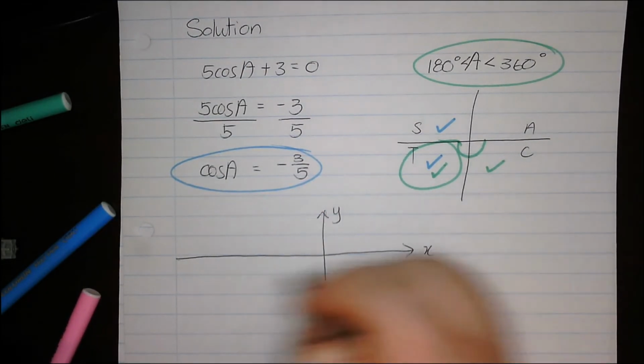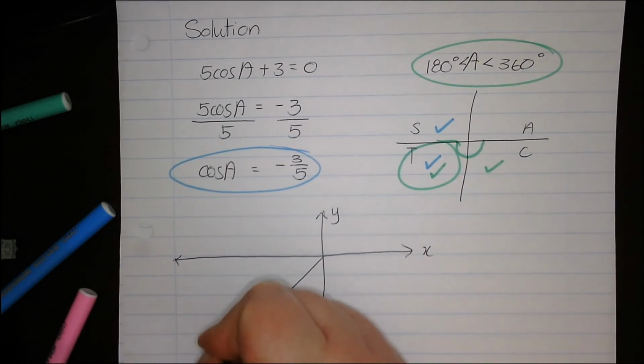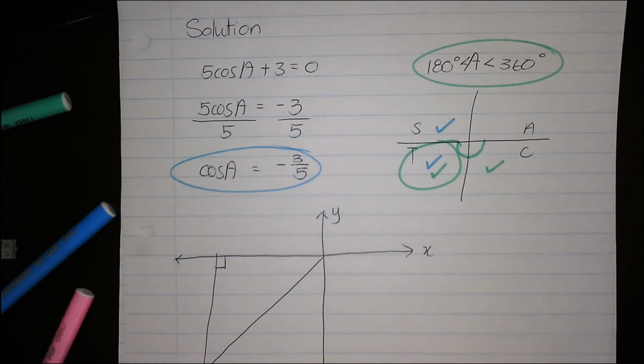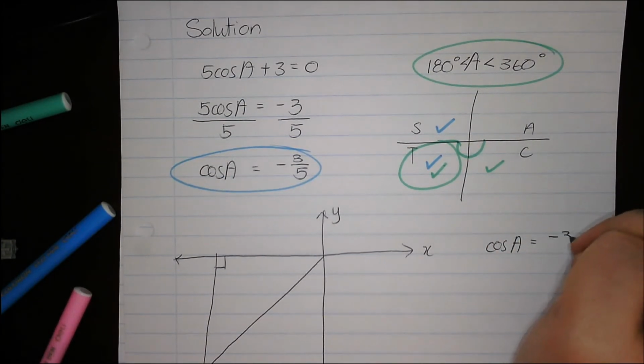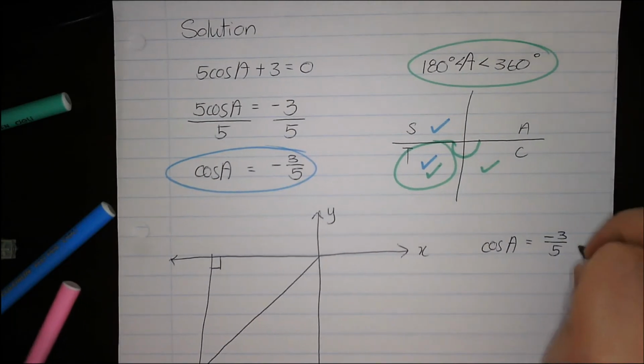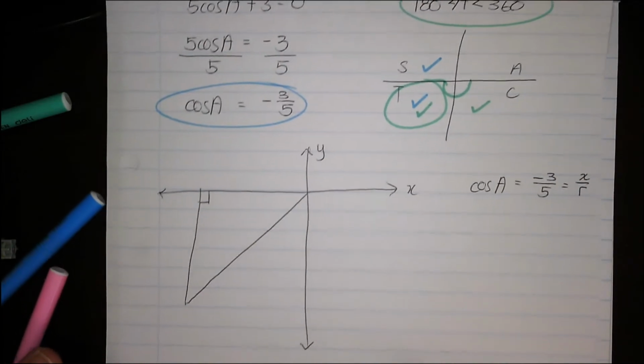And this should be pretty big, preferably with a ruler. We have cosine of A equal to negative 3 over 5. Shade your rear, cos x rays, tan your exterior.